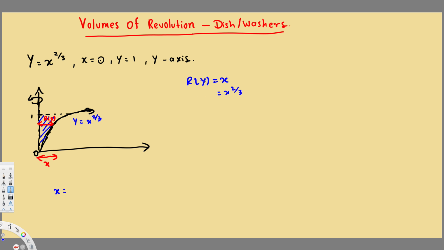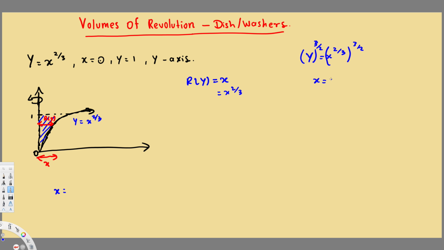But we have to write this in terms of y. How can we write it? Let's see what we can do. Here we have y is equal to x to the power 2 by 3. To convert this into x, we can simply raise both sides to the power 3 by 2 to cancel this 2 by 3.